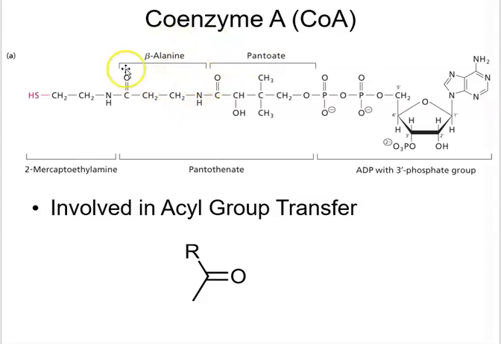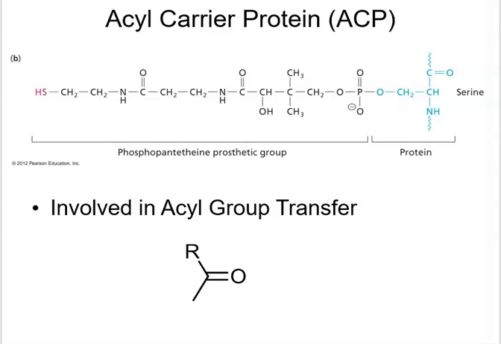Beta alanine is an amino acid, right? Thiol group at the end to mercaptoethylamine. And so this is actually involved, it's important for the acyl group transfer. A lot of times many fatty acid components have this kind of acyl group involved in the transfer, and we'll talk about that when we get to fatty acid synthesis.